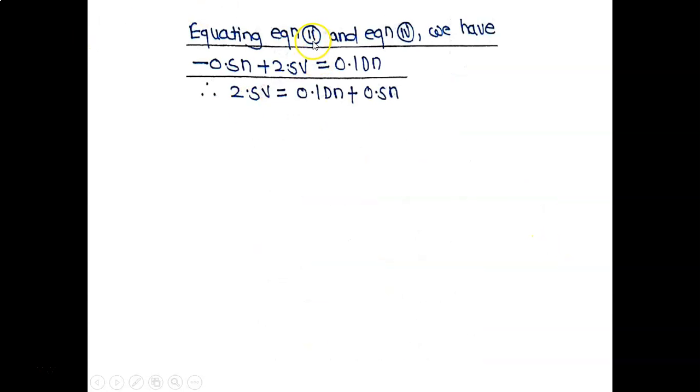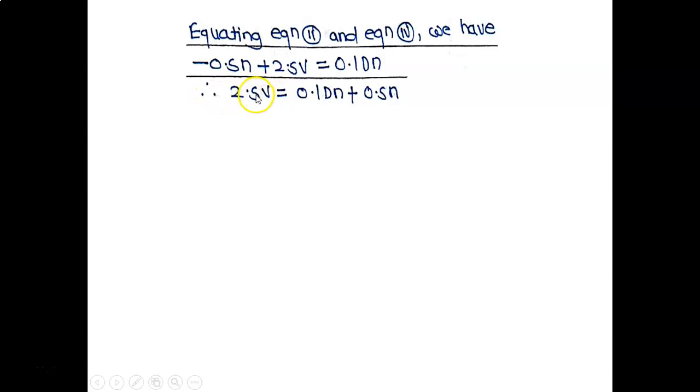Equating equation 2 and equation 4, we have minus 0.5n plus 2.5v is equal to 0.1 Dn. Therefore, the term related to n we have to take on one side, the term related to v on the other side.